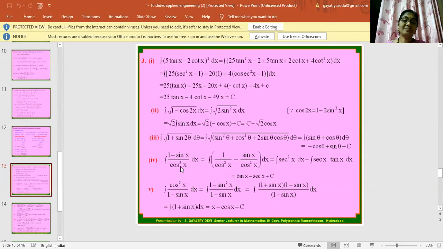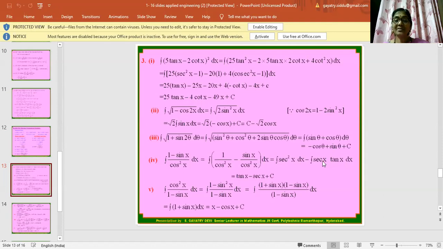Coming to one more fraction form. As in algebra, we divide if the denominator is having a single term. Similarly, we follow here. So integral of 1 minus sin x by cos square x dx. Integral 1 by cos square x minus sin by cos square x into dx. 1 by cos square is secant square x. Sin by cos square equals sin by cos, tan, into 1 by cos, secant.